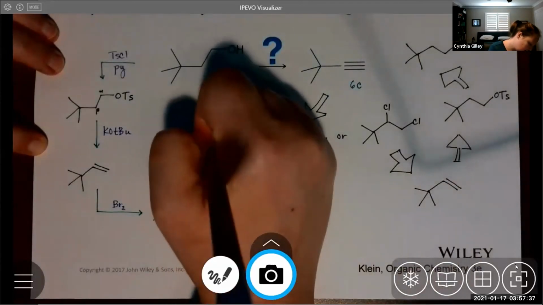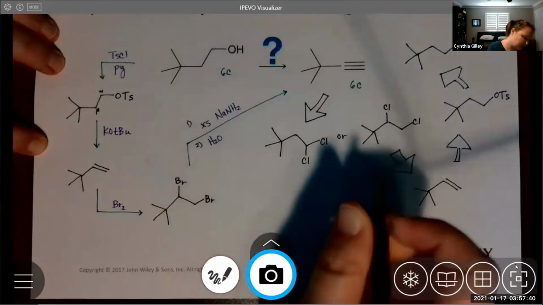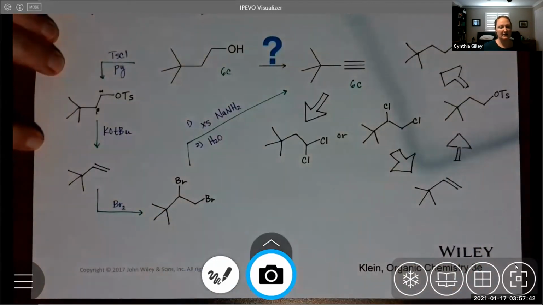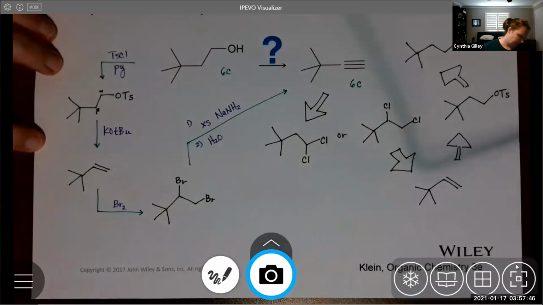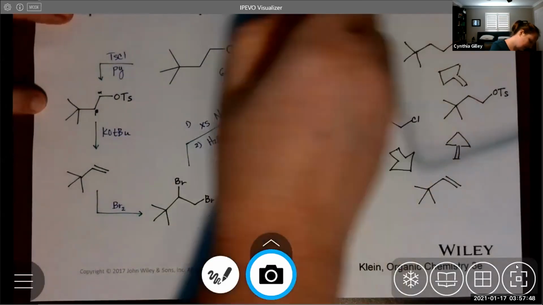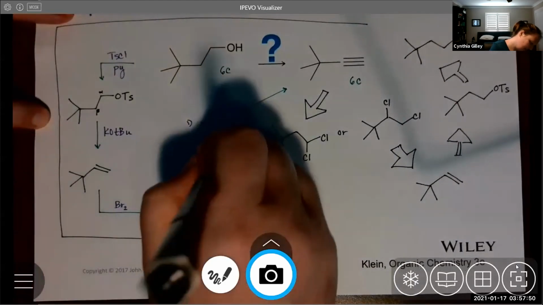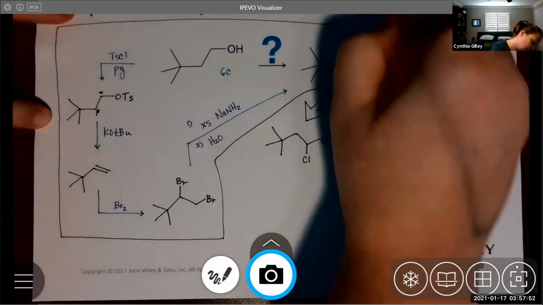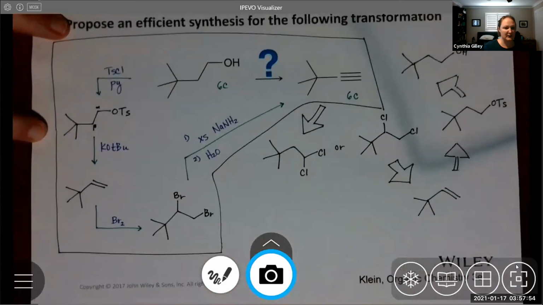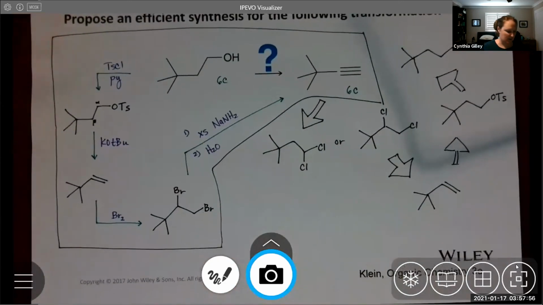Then we need a water workup to reprotonate the alkyne and isolate the alkyne product. So the actual answer is just this part. The rest of it was utilizing a process called retrosynthetic analysis to help us figure out a pathway to use.